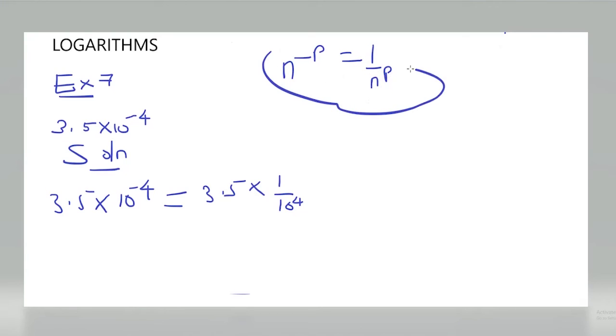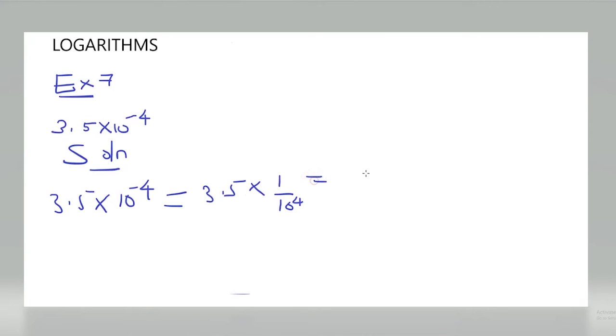This is the law of exponents. So this will be equal to 3.5 times 1 divided by 10,000.